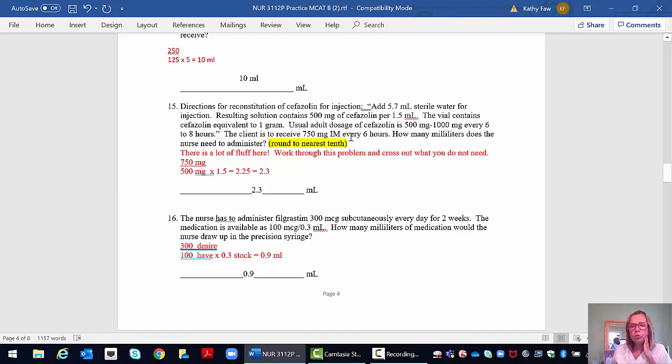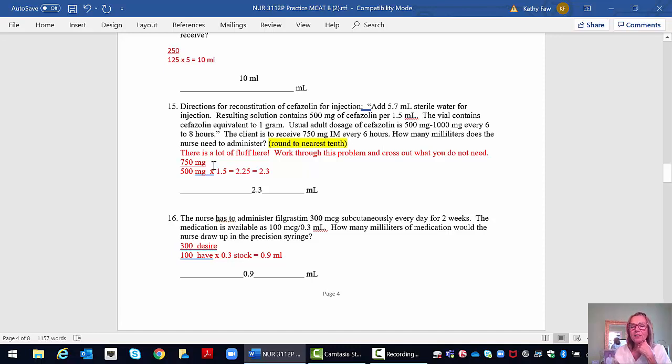They just want to confuse you here, okay? So 750 milligrams is your desire because that's what the doctor ordered. What do you have? You have 500 milligrams of cefazolin, all right, per 1.5 mLs.